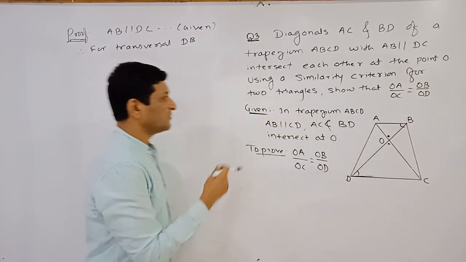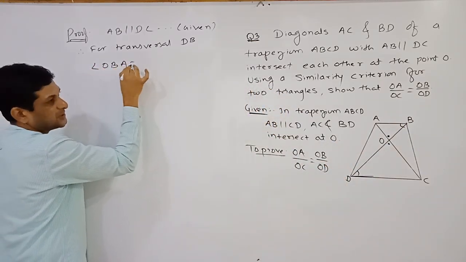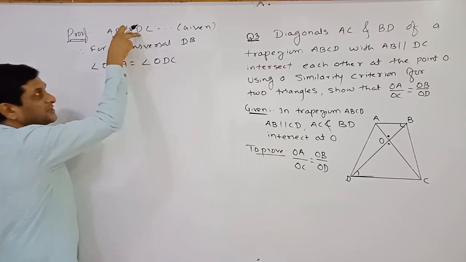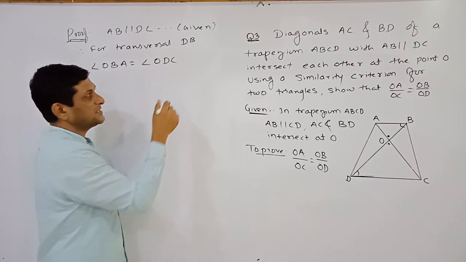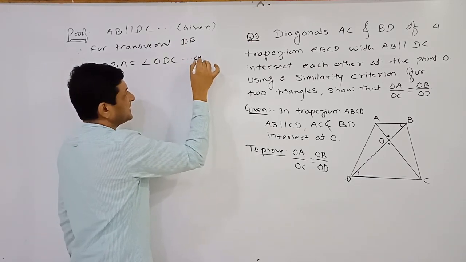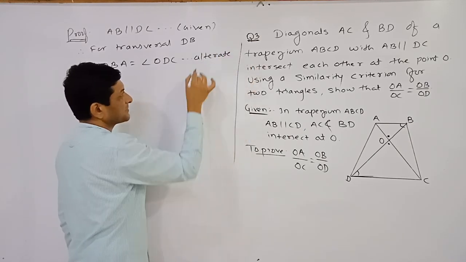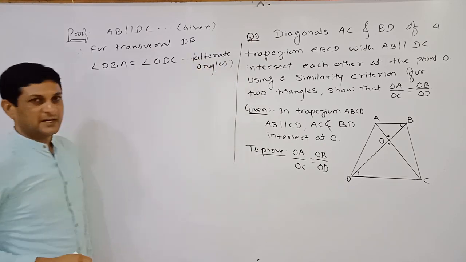Since these two lines are parallel, we can say that this pair of alternate angles is equal. So this is a pair of alternate angles.